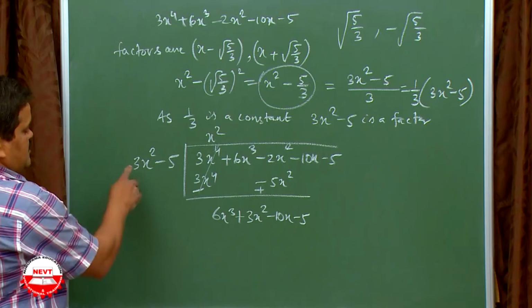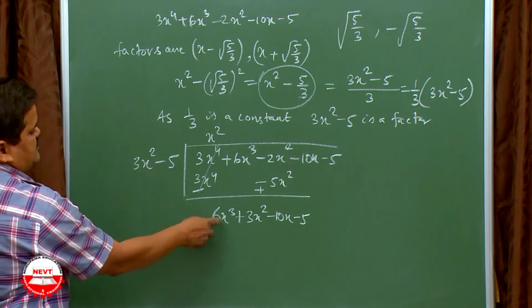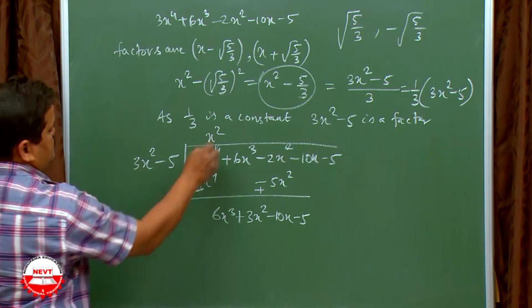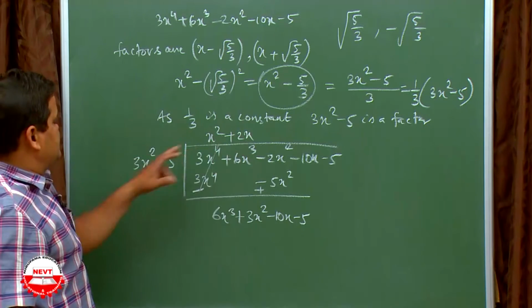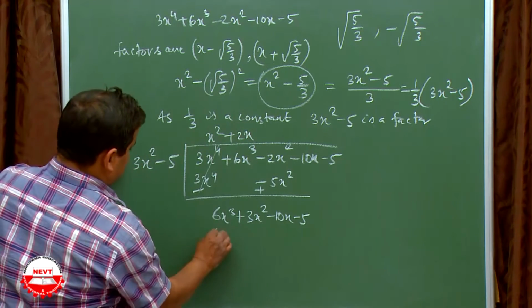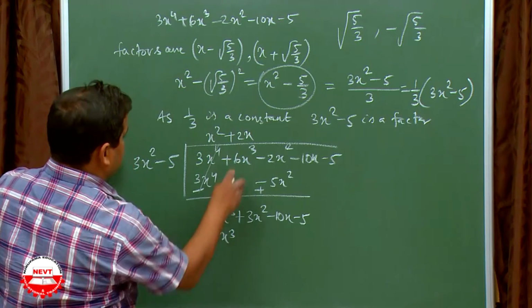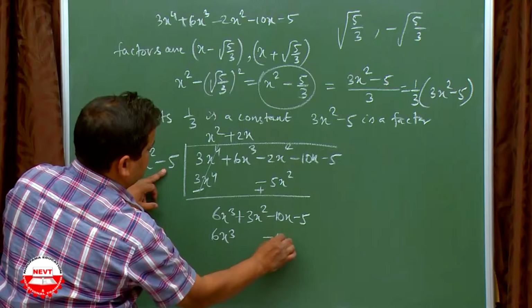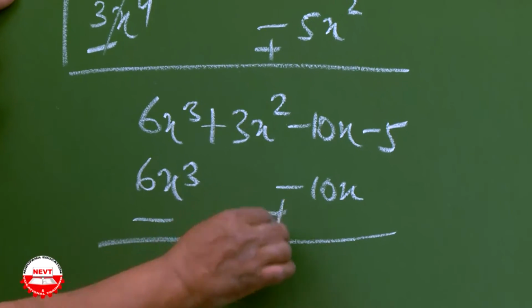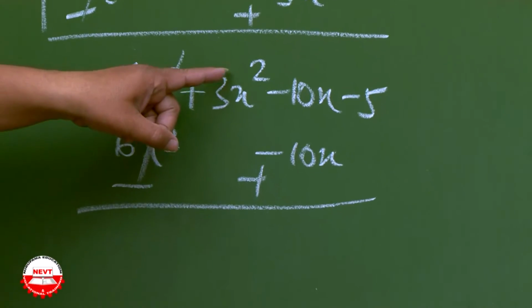Okay. Here 3x² is there, but here 6x³, that means 2x. 2x into 3x² is 6x³. 2x into −5 is −10x. So what do we get here?